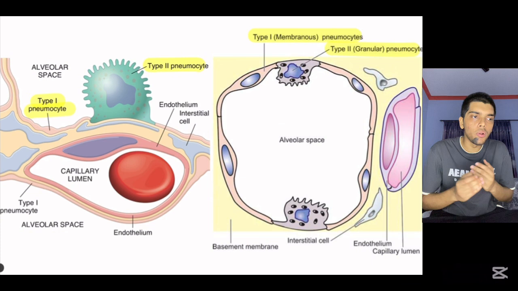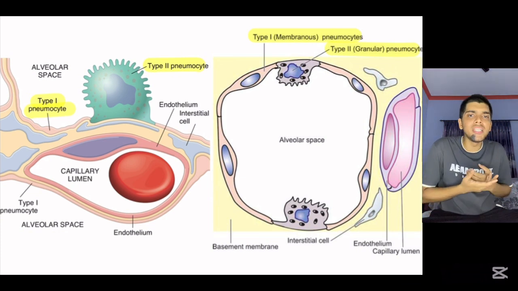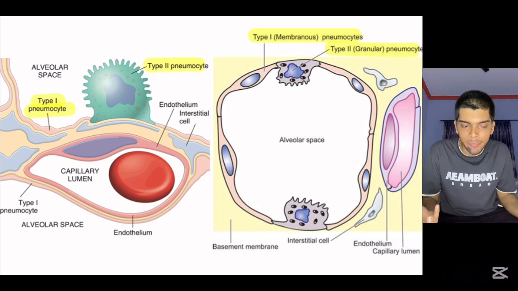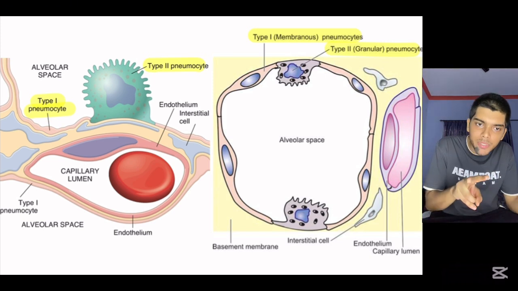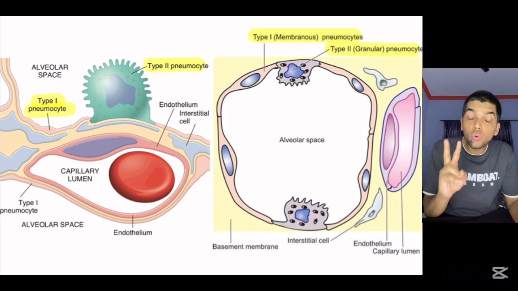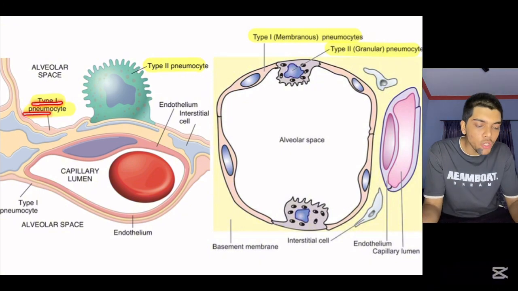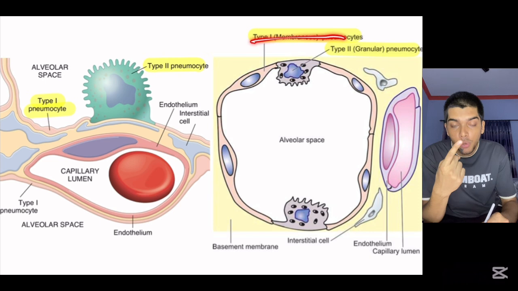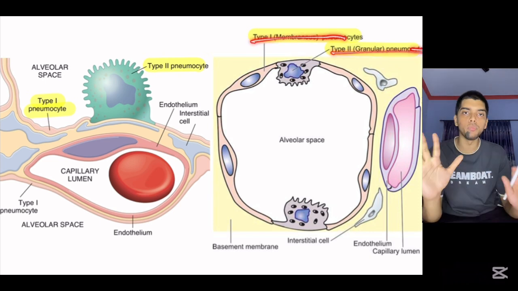Lung. If you look at the lung parenchyma, you will see lots and lots of air-filled spaces, and these are your alveoli. Alveoli are lined by two types of cells, type 1 pneumocyte and type 2 pneumocyte.